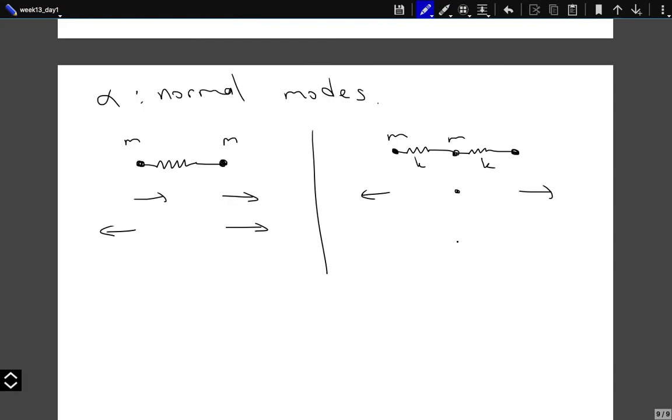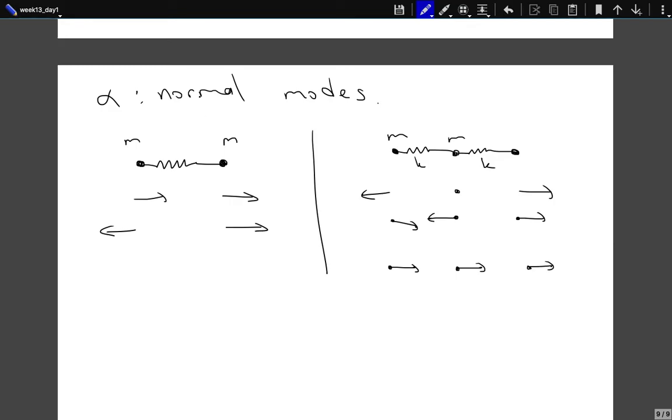Or the masses at the edges move in one direction, whereas the mass at the center moves in the opposite direction. So these two masses will go back and forth, whereas as this one goes towards the right, this one will go towards the left. A third mode is when all of them move in the same direction. This is the uniform translational motion.